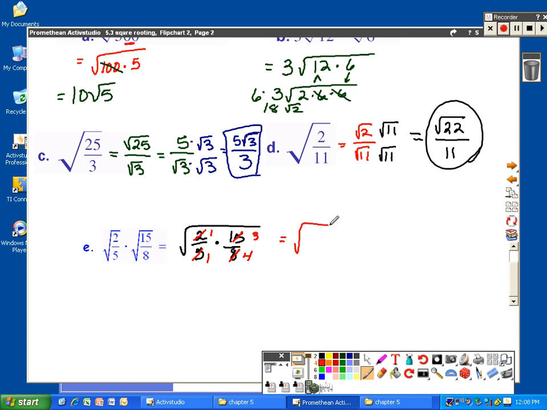So this simplifies to the square root of 3 fourths, which is the square root of 3 over the square root of 4. Does the square root of 3 simplify? No. Can you have a square root in the numerator? Yes. So square root of 3 stays in the numerator. Does the square root of 4 simplify? Yes, to 2. So I have square root of 3 over 2.